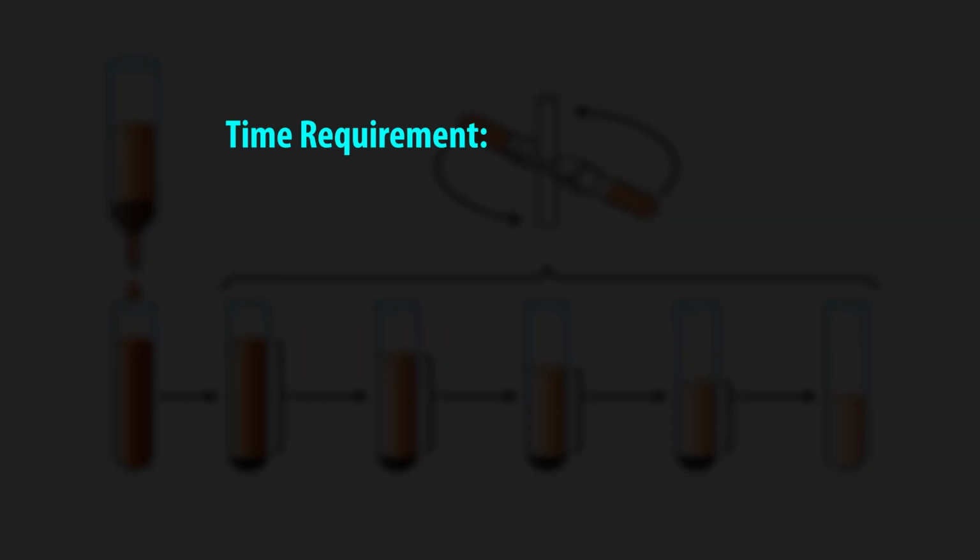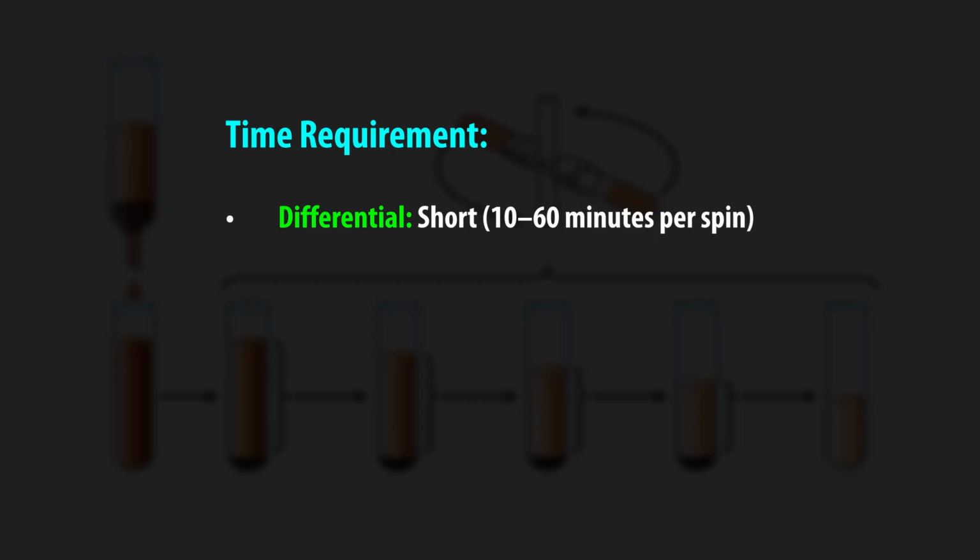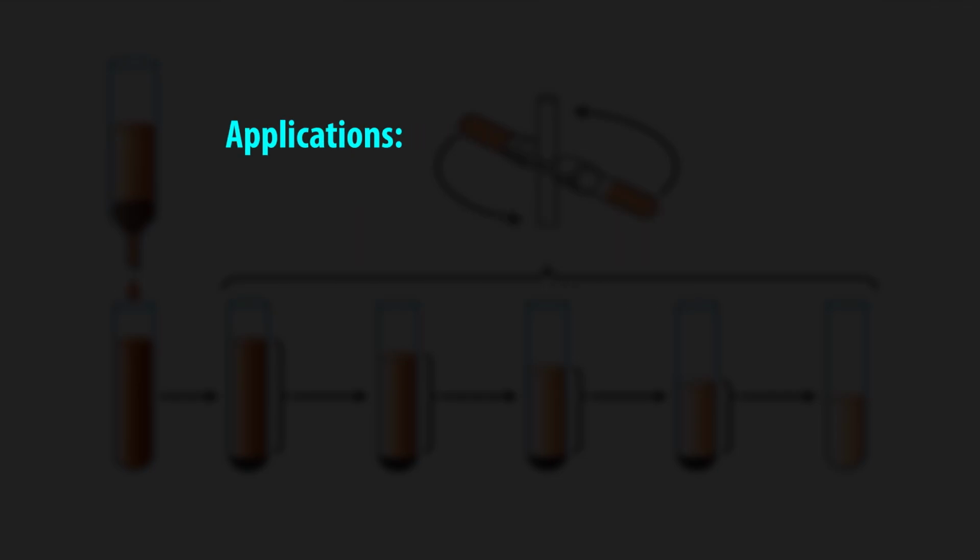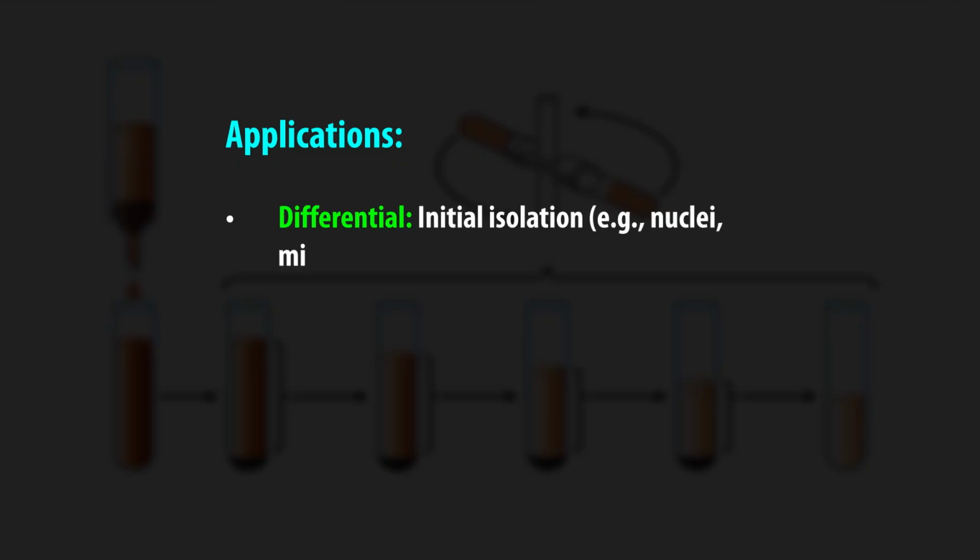Next is the time requirement. For differential centrifugation, it is short, 10 to 60 minutes per spin. But for density gradient, it is longer, around 1 to 48 hours. Next is the application. Differential centrifugation is used for initial isolation, for example, nucleus, mitochondria.